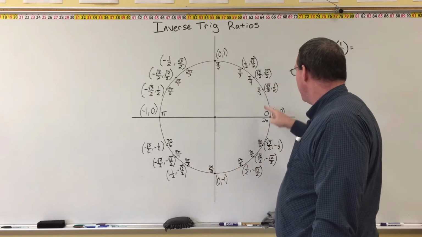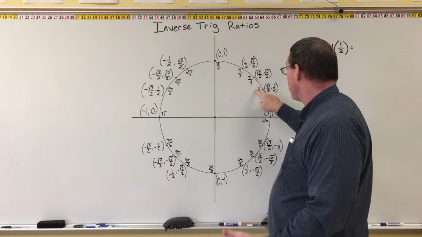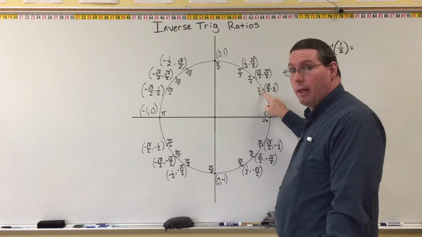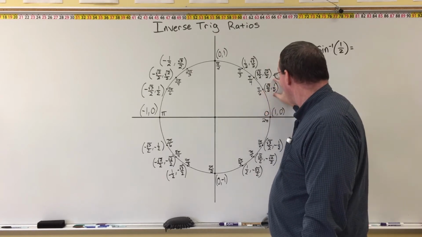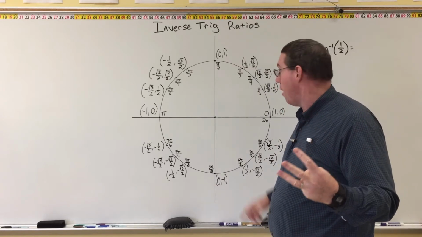If we double the denominator, 12, add 1, that's 13 pi over 6, which is in this exact same place. So for an angle of 13 pi over 6, the y-coordinate is 1/2. Now we have three answers to the same problem.